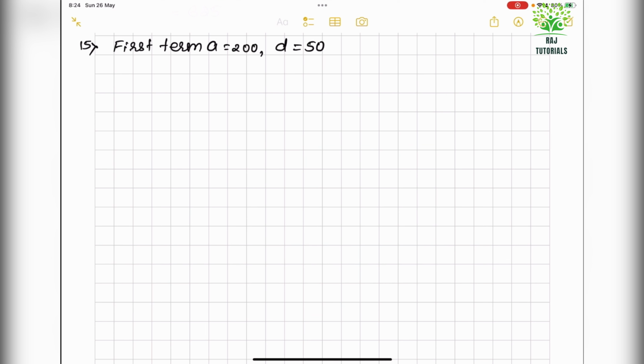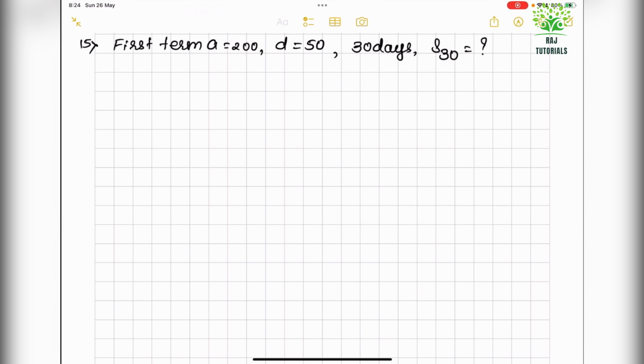So we need to find for 30 days. So I can say okay, I need to find S30, which he has asked me. So now we know A, we know D, we have to find S30. So first of all, Sn will be n by 2 into (2a plus (n minus 1) d).